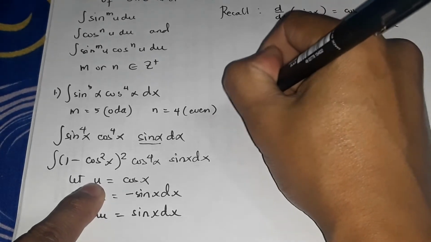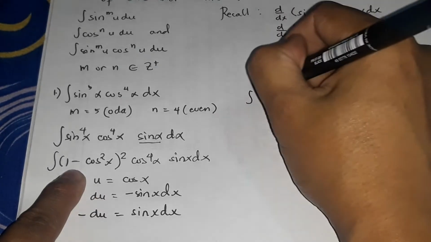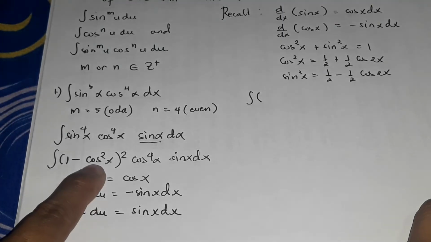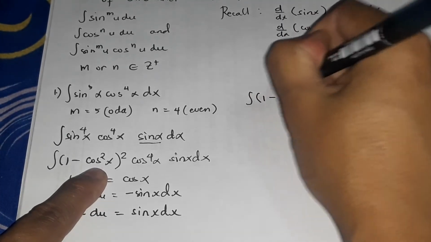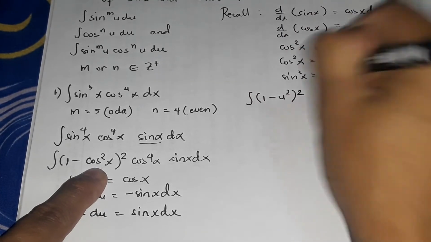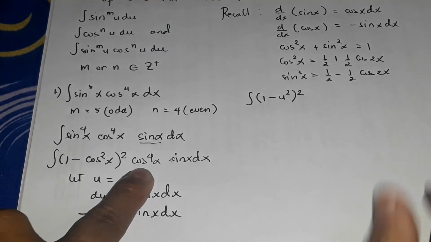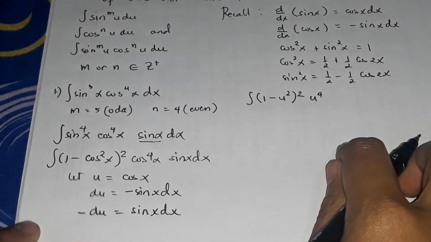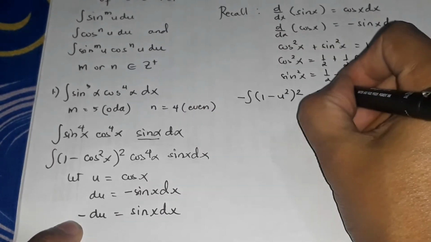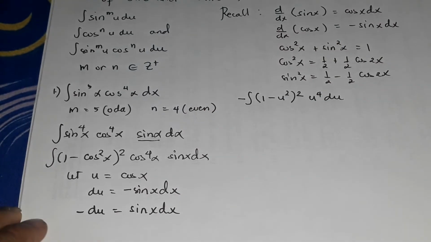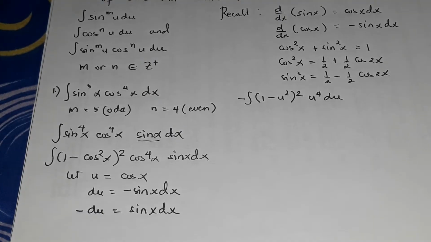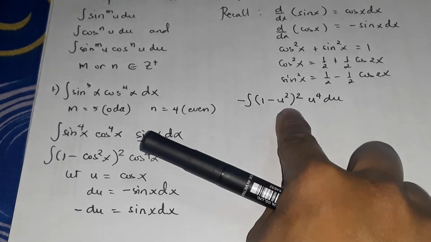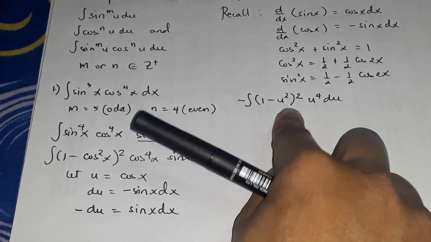So we now have the integral of 1 minus cosine squared x, which is 1 minus u squared, then squared, and then cosine to the 4 is u to the 4, and then sine x dx is negative du. What comes next is to manipulate this algebraically.